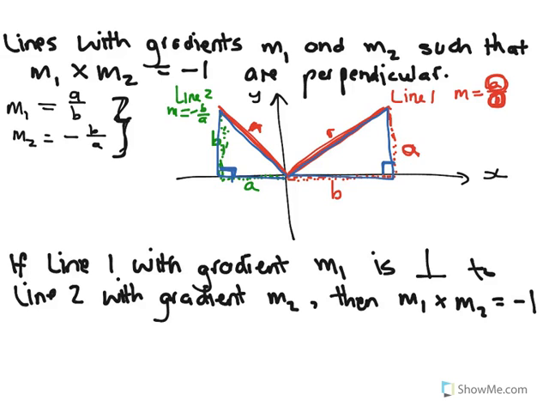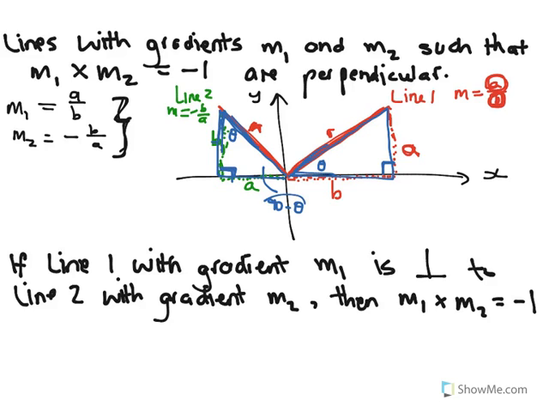So if this angle is theta, right, then the angle between B and R in this triangle, so this angle over here, is also going to be theta, right? And that would mean that this angle is 90 minus theta, if you do angle sum of a triangle.